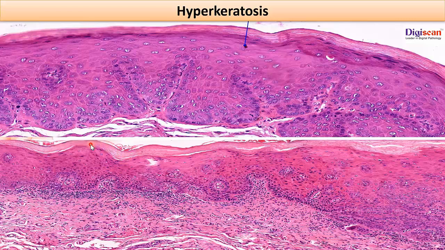This is one of the features of leukoplakia in oral cavity or chronic friction in other areas. And here we can see that this is associated with acanthosis. So we have talked about acanthosis, we have talked about nuclear polarization, we have talked about polarity of the epithelium, and we have talked about hyperkeratosis.